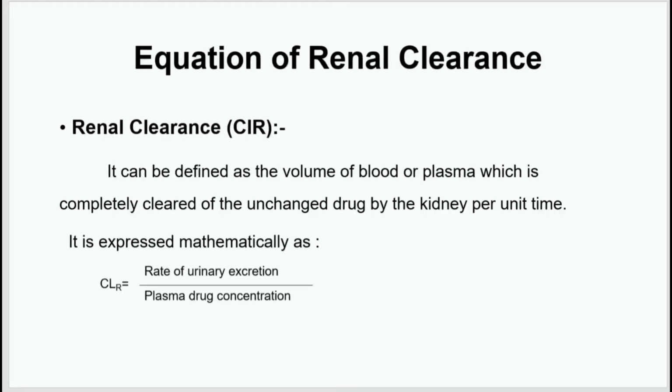Equation of renal clearance. Definition of renal clearance: it can be defined as the volume of blood or plasma which is completely cleared of the unchanged drug by the kidney per unit time. It is expressed mathematically as renal clearance is equal to the rate of urinary excretion divided by plasma drug concentration.